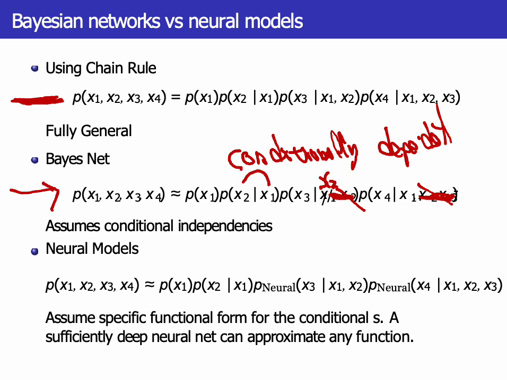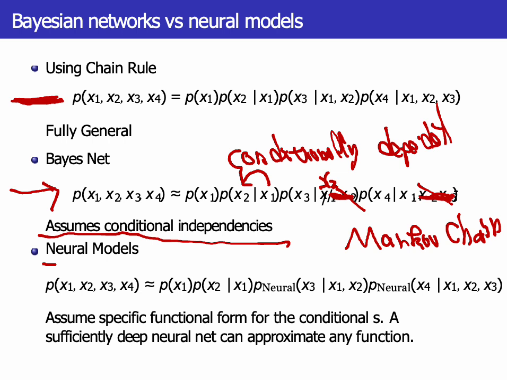It's only dependent on the previous one, and sometimes you call it a Markov chain. And assuming conditional independence and neural networks, you get these models here.